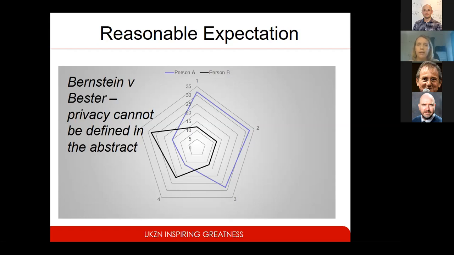The guiding principle, which applies in an offline and an online environment, is that something is private if an individual has a reasonable expectation of privacy. And of course, as this radial graph attempts to illustrate, what one person regards as private may differ to someone who is more privacy sensitive.